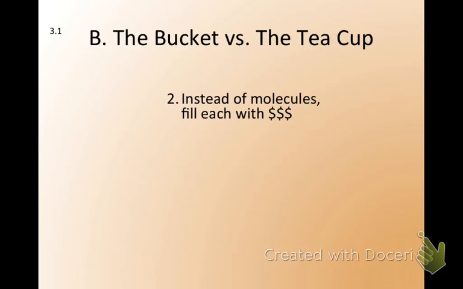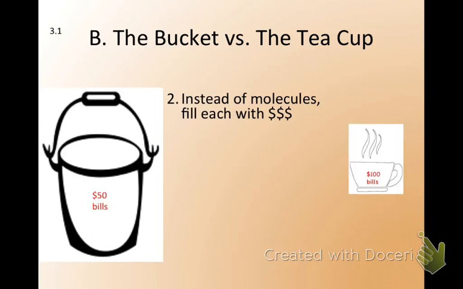Now, why is that? Well, instead of molecules, let's fill each of our buckets now with money, which is kind of fun. So let's say the bucket's full of $50 bills. And let's say that the teacup is full of $100 bills. I might ask the question, which would you rather have? The $100 bills are certainly very tempting, but there's certainly not nearly as many of them in the teacup as there are $50 bills in the bucket.